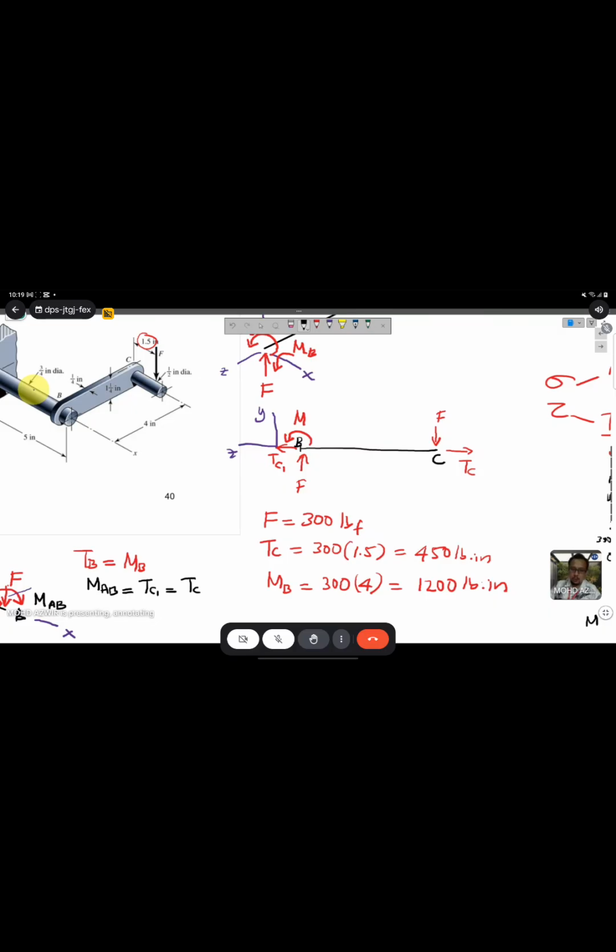So where will it fail, at the top or at the neutral axis, at the bottom?